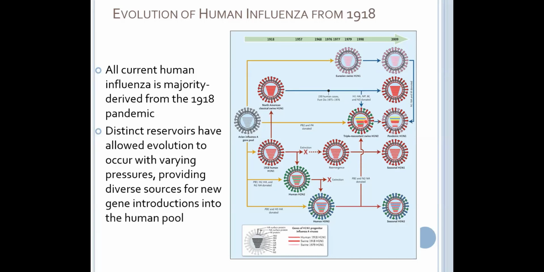This was a combination of an avian virus that donated 2 components of the polymerase complex, the North American swine virus, which donated the HA, so this H1 HA, which had sort of been there since 1918, and then several structural and non-structural proteins, and then a human, weirdly, H3 virus.